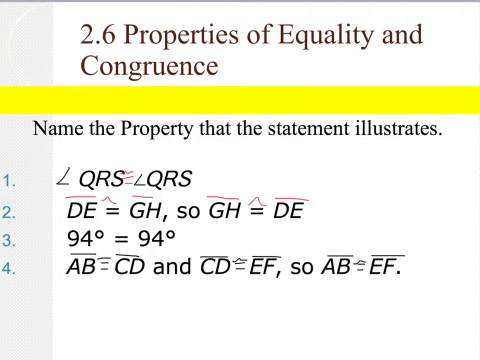AB is congruent to CD, and CD is congruent to EF. So AB is congruent to EF. I want you to please write these down and try to write down which property the statement illustrates. Notice you do need to explain the property and say property of congruence or property of equality, because when they're talking about that, there are two different things.